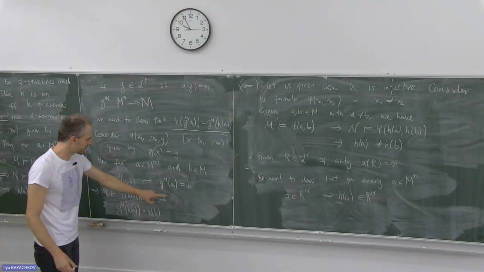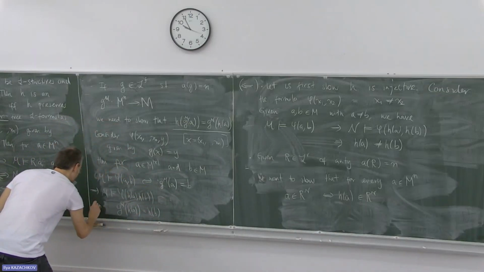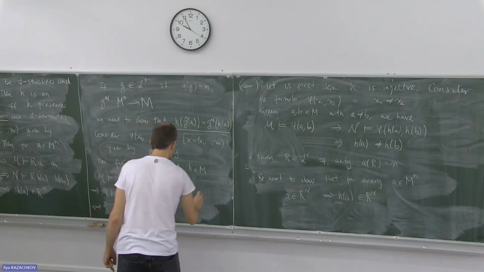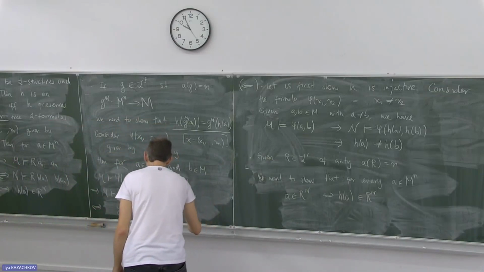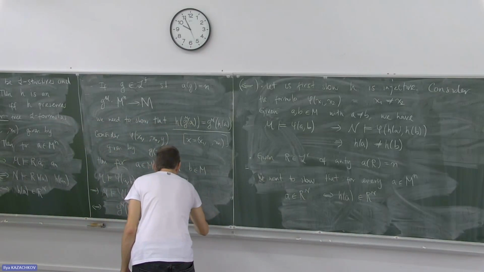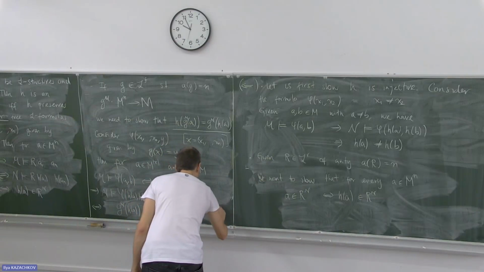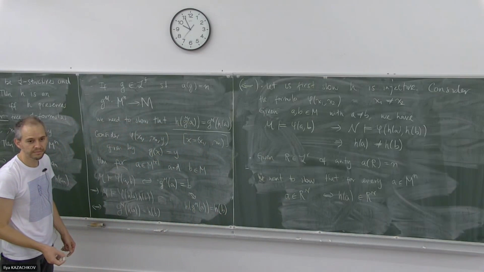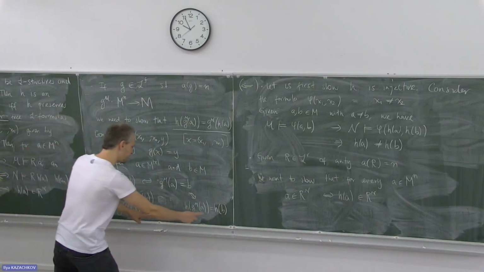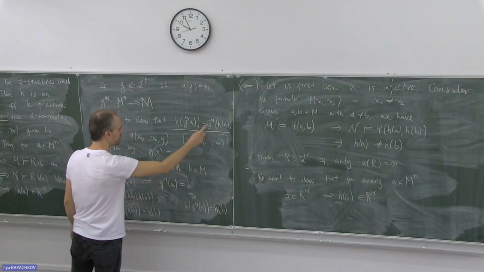But from this part, let me put the if and only if here. This one here is also equivalent to saying h of g of a equals h of b, right? So if these two are equal, this means that this one here is equal to this one here, which is what we wanted.